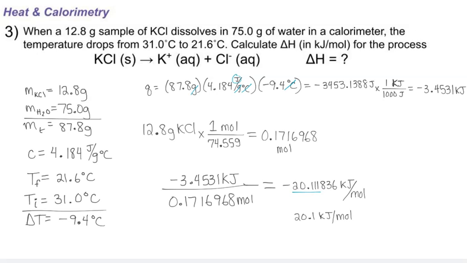Our temperature in the surroundings dropped because the process of dissolving takes in energy, it lowers the surrounding temperature. So an endothermic process has a positive delta H sign. So this should be a positive 20.1 delta H value. I'll box in this final answer here, and there we have it.